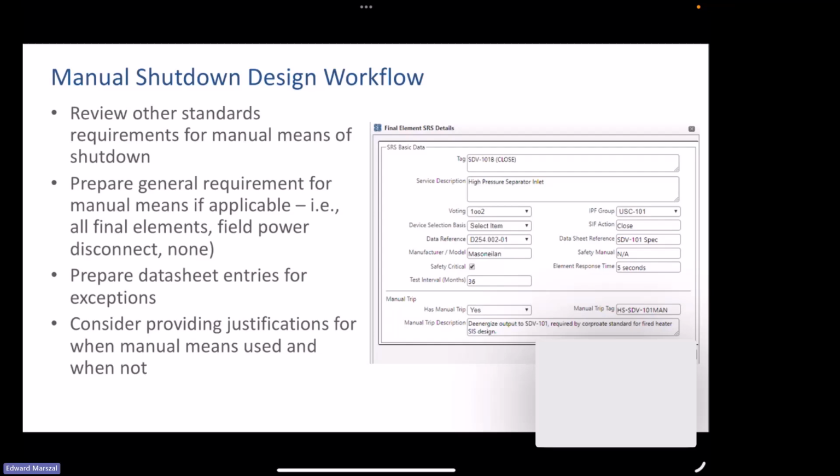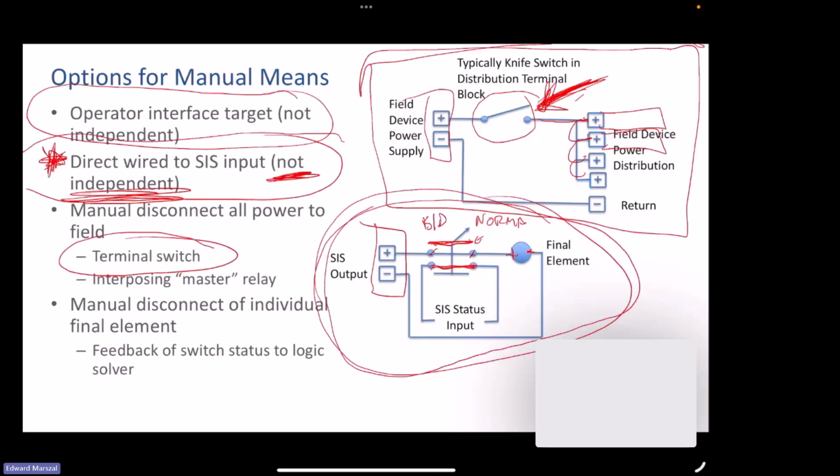Okay, so all manual shutdown switches should be designed, and all of these configurations that I just gave to you here are what we refer to as non-interfering. So if you look at this knife switch, there is no mode of failure of this knife switch that will cause a dangerous failure.